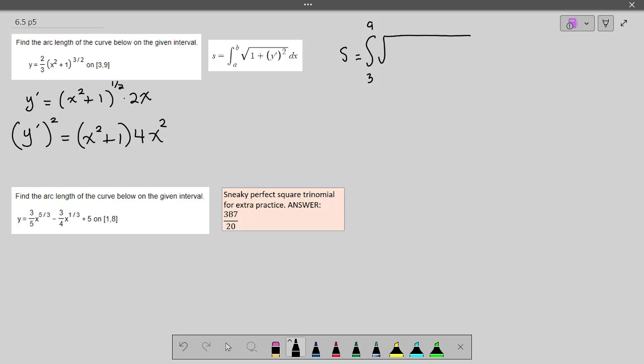We have our y prime squared, and we have to add 1 to that. Let's see what happens if I distribute this out. We're going to get 4x to the 4th plus 4x squared, and then we're adding 1, that one right there, dx.